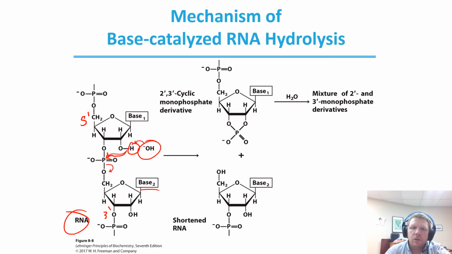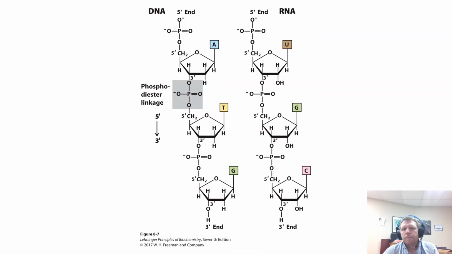And that phosphorus, then the electrons that make up that bond are able to move down towards that oxygen. They're able to pick a hydrogen up, and now all of a sudden you have a resulting cyclic monophosphate derivative. Water is released, and boom, you've got a mixture of 2' and 3' monophosphate derivatives that are resulting, and you've got a shortened RNA molecule.